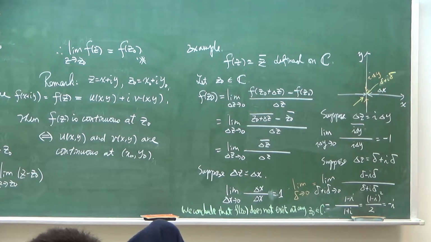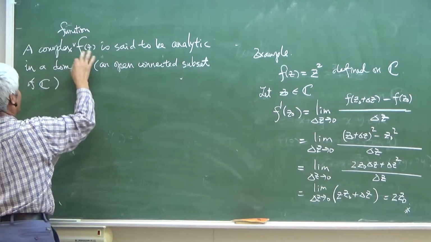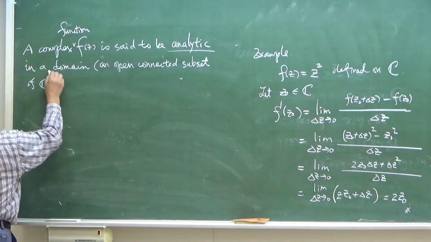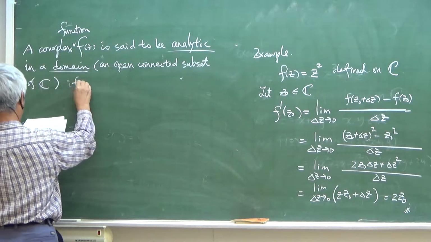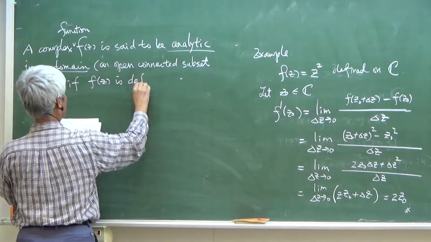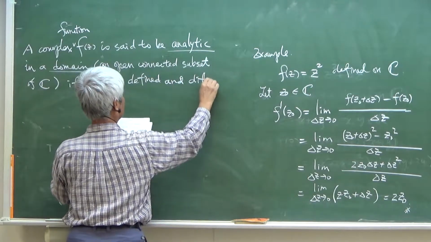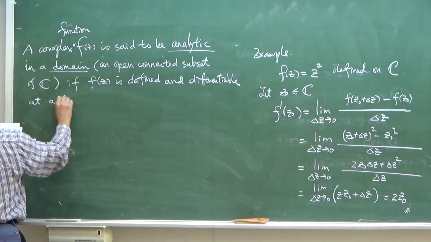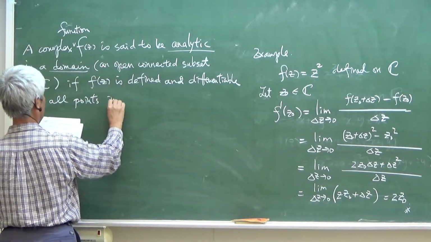So we say that a complex function f of z is said to be analytic in a domain if f of z is defined and differentiable at all points in that domain.